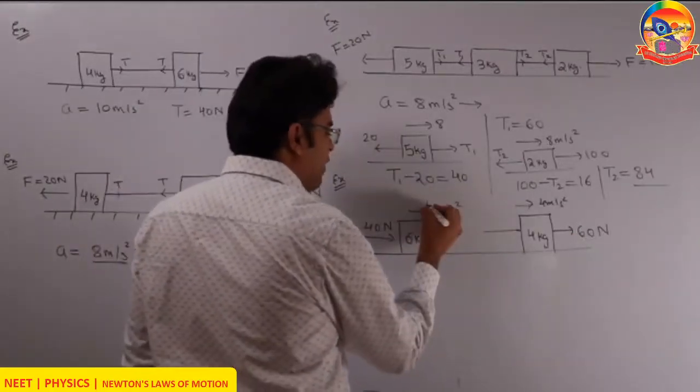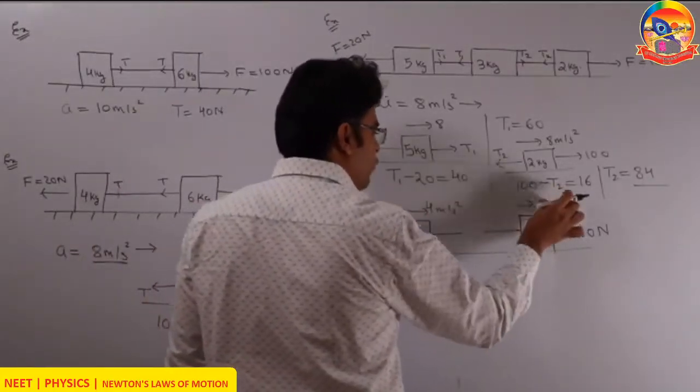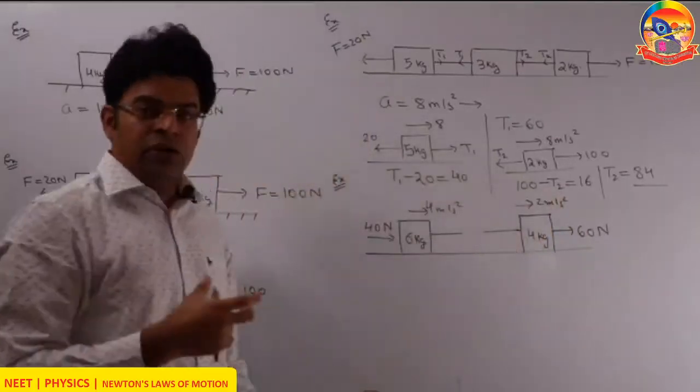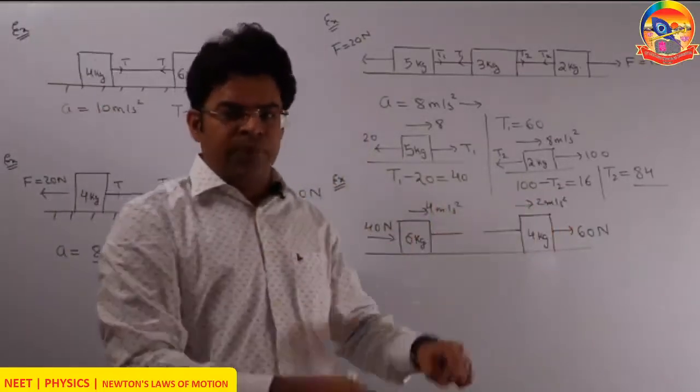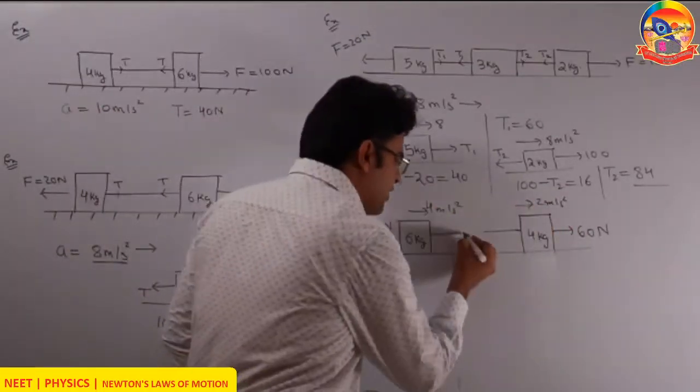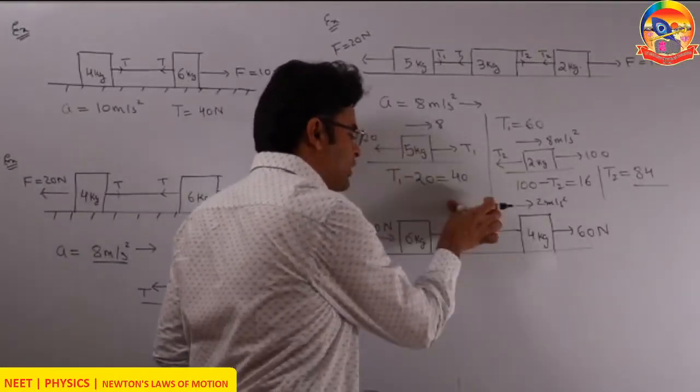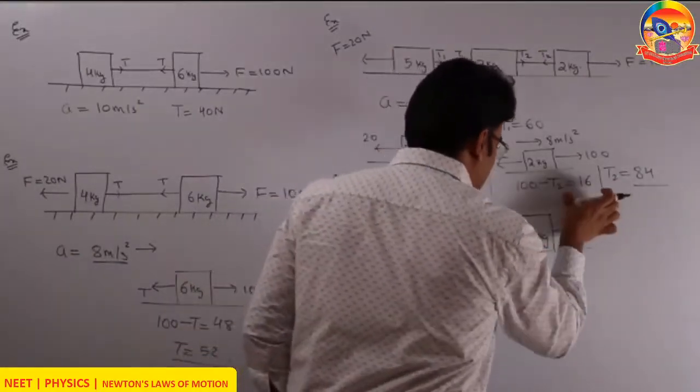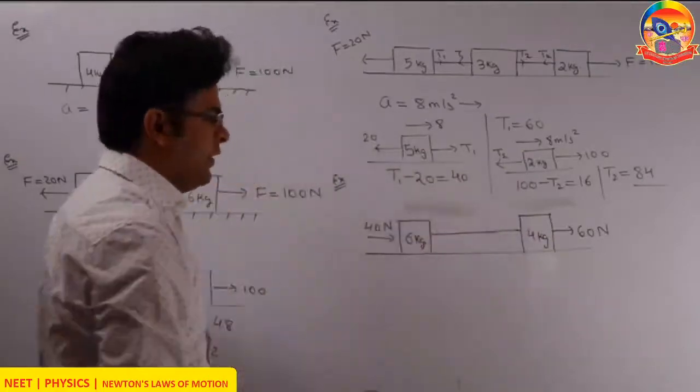To the contrary, if the backward has a tendency of acceleration of 4 and the forward has 2, then the string will get loosened up. So here the string will remain tight or will it loosen up? What will happen? The answer is, in this case the string remains tight.